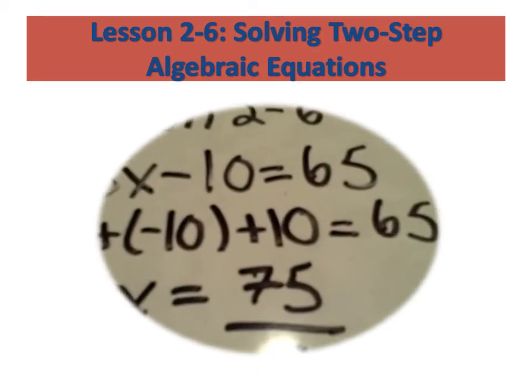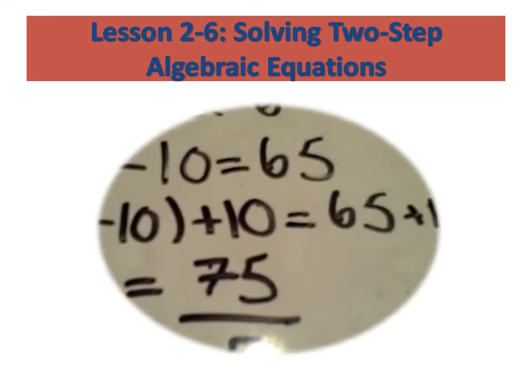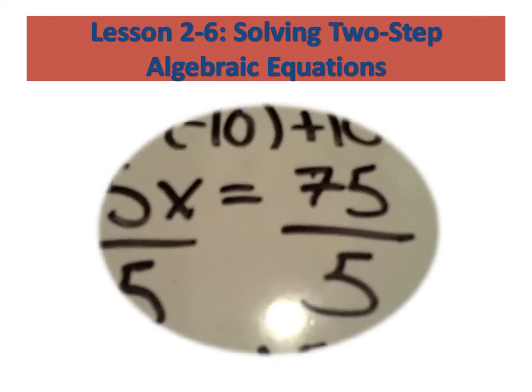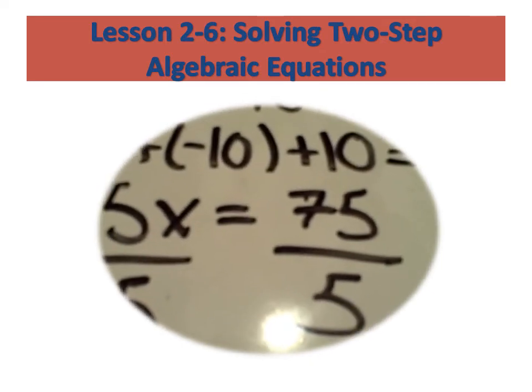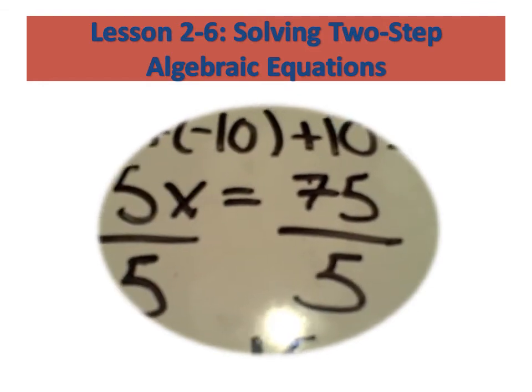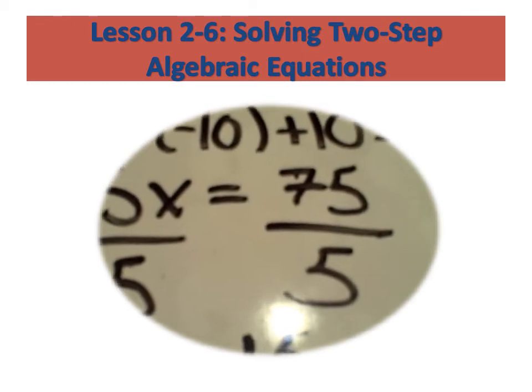If you add 10 to both sides, which evens out both sides of the equation, you should have 5x equals 75. Now, to get the answer to this equation, you must get x alone.